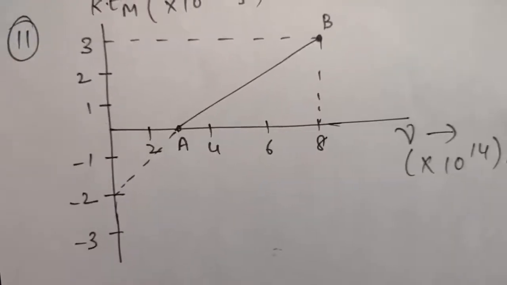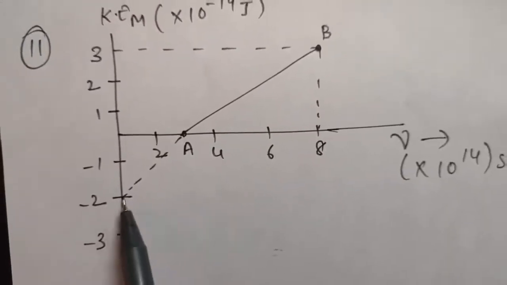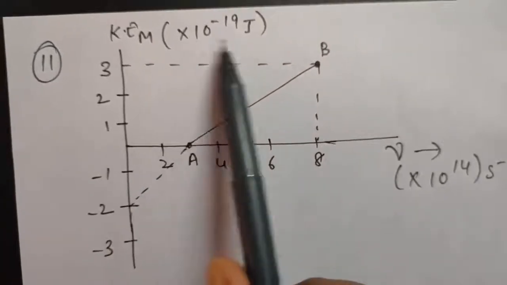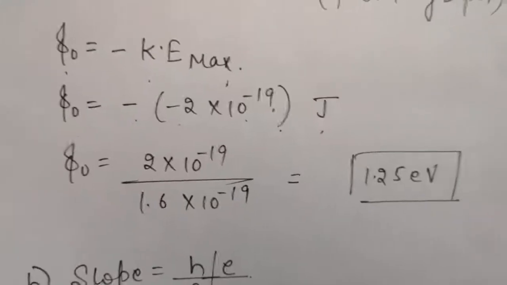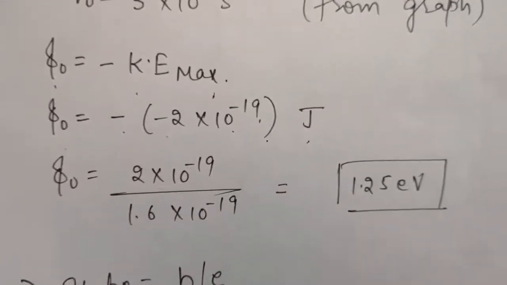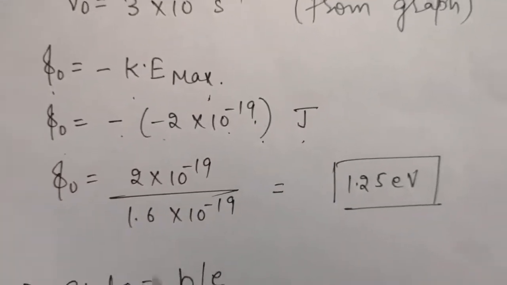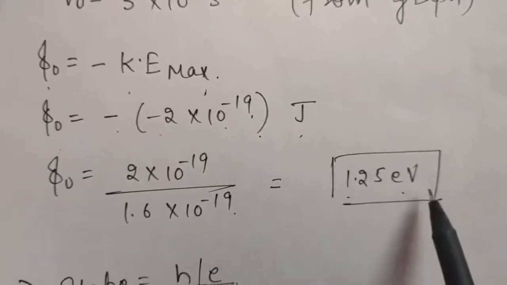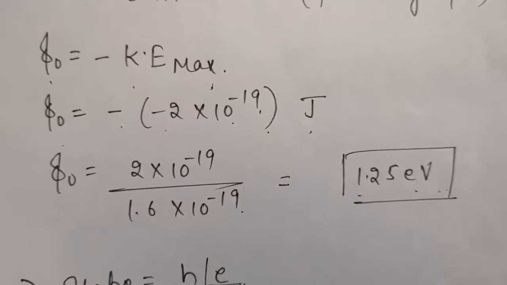Because as you can see here, at this point nu is 0 and kinetic energy maximum is minus 2 into 10 to the power minus 19. So this will be the value of phi. Because the answer is asked in electron volts, we will just divide it by the charge of electron. So phi naught will come to be 1.25 electron volts.